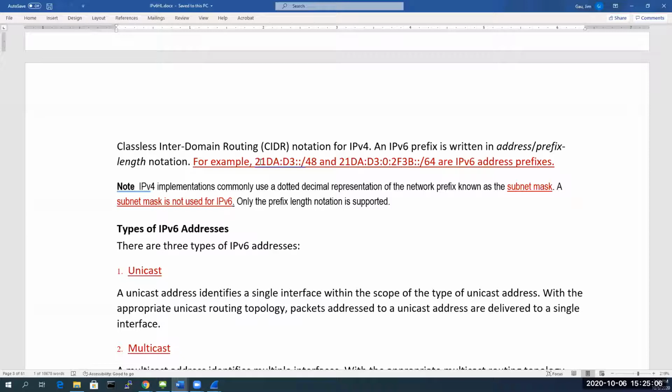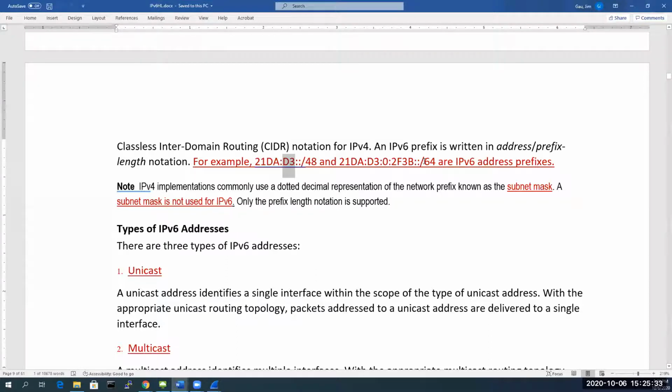So we can say 10.10.10.0/24. That means it's similar to class C subnetting. And here it's the same way. We use 48 bits. So this is 16 bits, and 00D3 is also 16, so that's 32 bits, and another 16 bits of the zeros. So the first 48 bits will be the network.